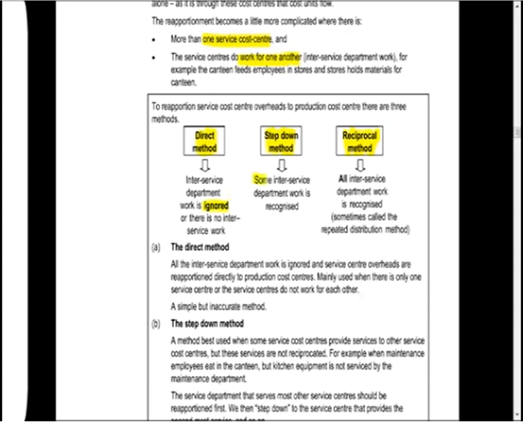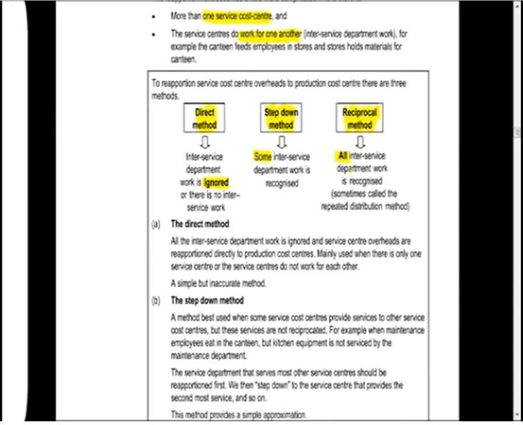In the step-down method, some is recognised, and in the reciprocal method, all of the inter-service departmental work is recognised. So what we need to do now then is go through each of the different techniques, because they do end up with different answers because of the assumptions which have been made.